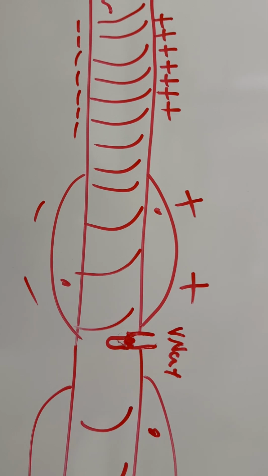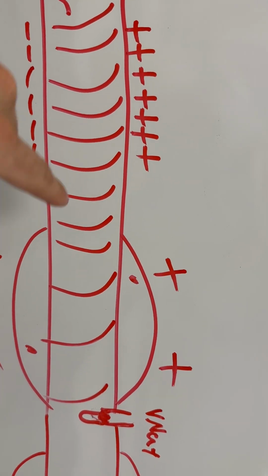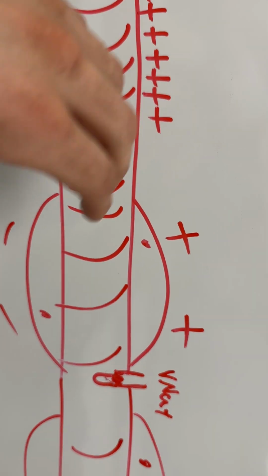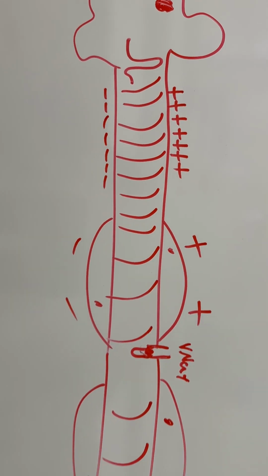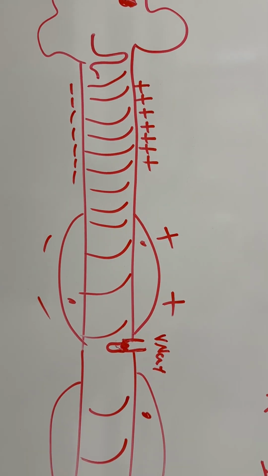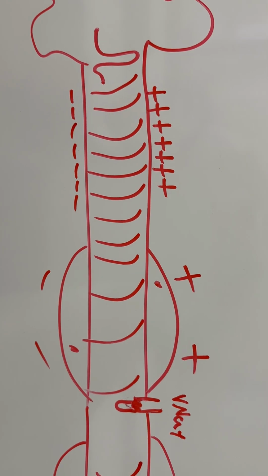And then internal resistance would be like if we had a lot of protein inside of the axon that would interfere with the signal, or if we had a narrower axon body.